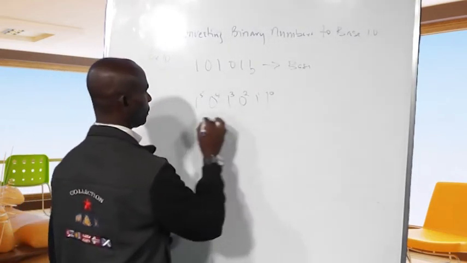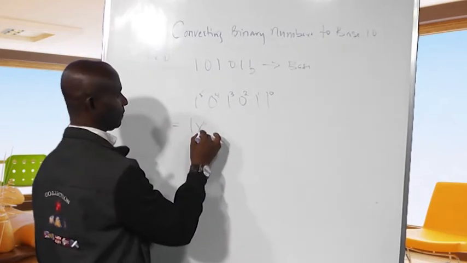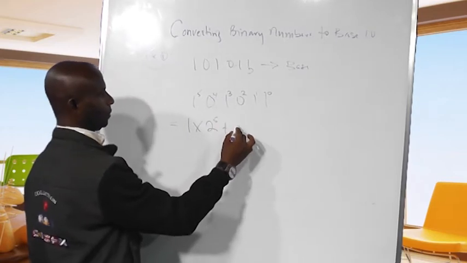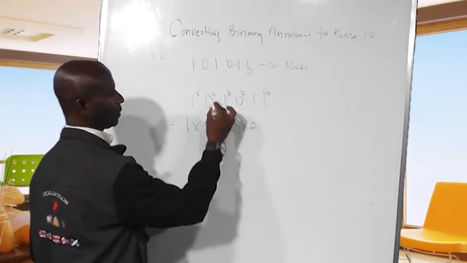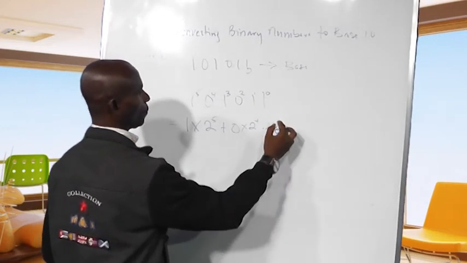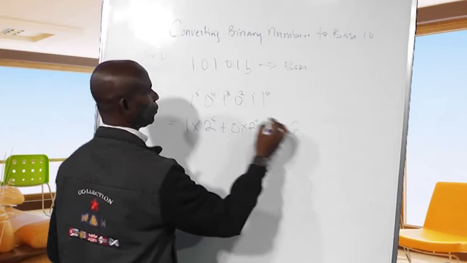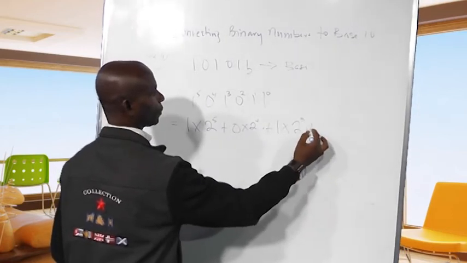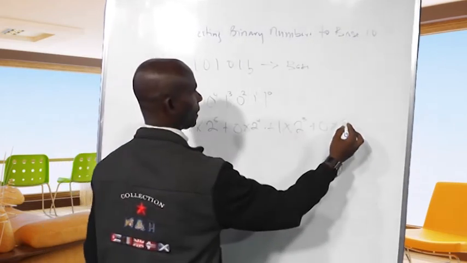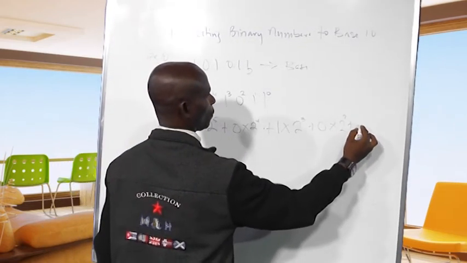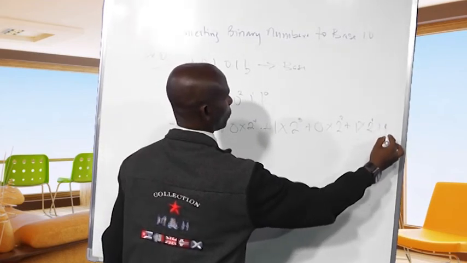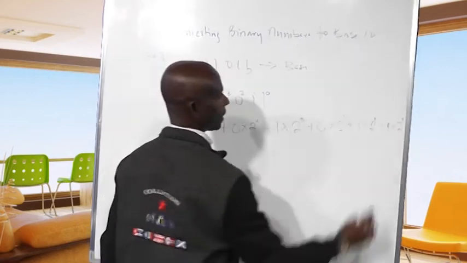So this one will be: 1 times 2 to the 5th power plus 0 times 2 to the 4th power, plus 1 times 2 to the 3rd power plus 0 times 2 to the 2nd power plus 1 times 2 plus 1 times 2 to the 0th power.